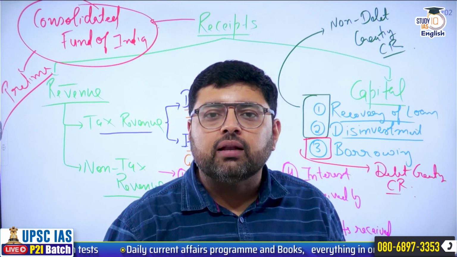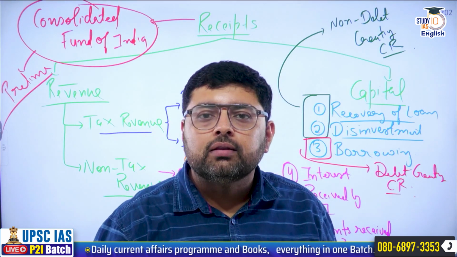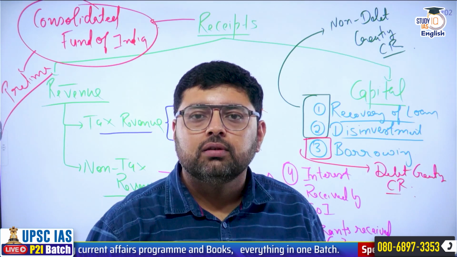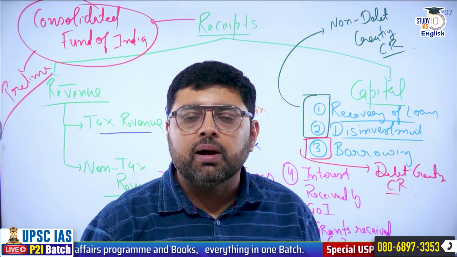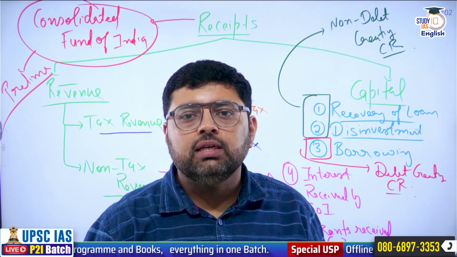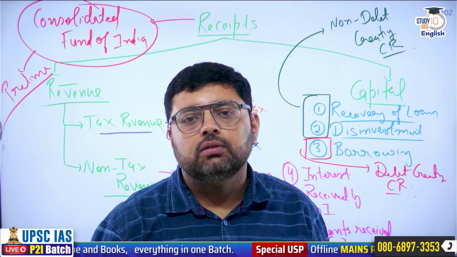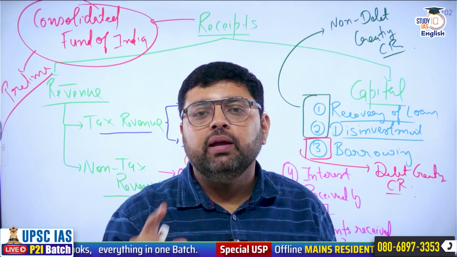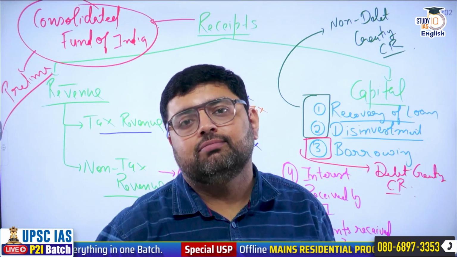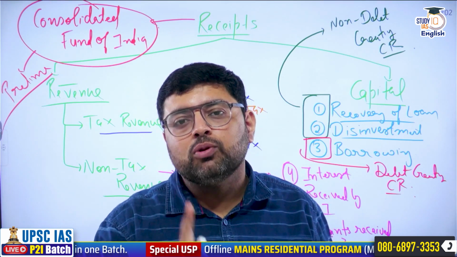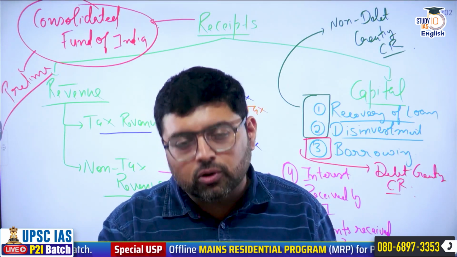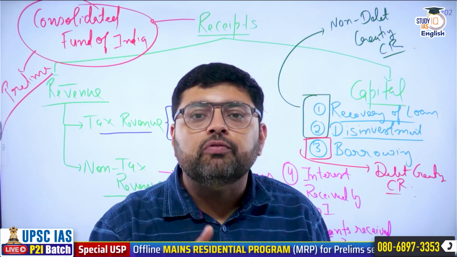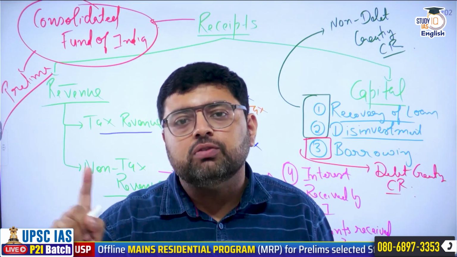If you get 1000 marks out of the total, you will be in the top 50. At least 1000, you will be in the top 50. You can see the marks of the toppers.